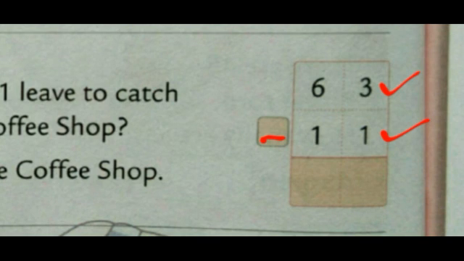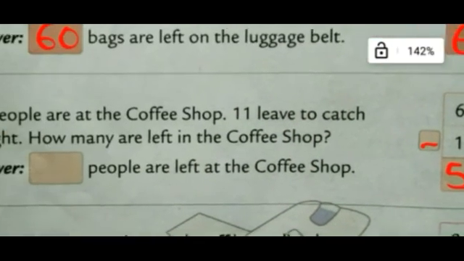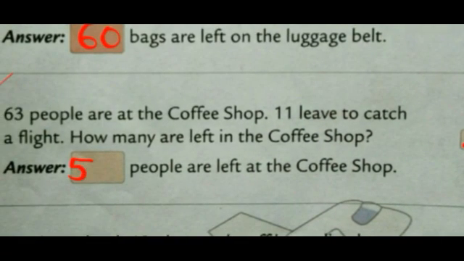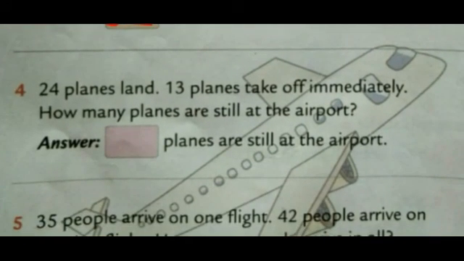Always start from the ones place. 3 minus 1 is how much? 2. And now step number 2, subtract the tens. 6 minus 1 is how much? 5. That means 52 people are left at the coffee shop. Okay? Now see the next one.